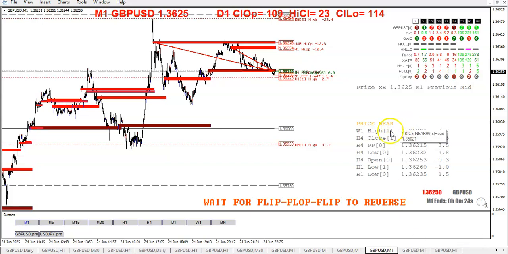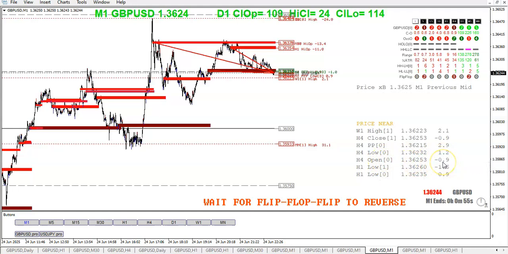Okay, we've got price near our previous week's high. We're above it by a couple of pips. The H4 close, we're right at it. H4 pivot point, we're 3.5 above it. H4 low, 1.9 above it. That's the current.